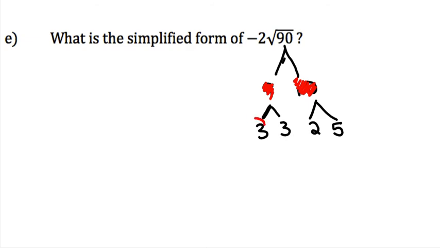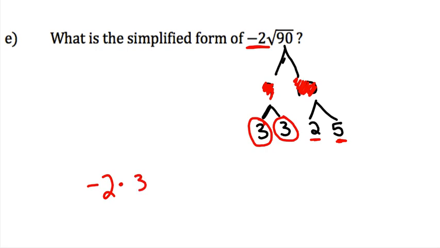So what are my pairs? Well, in this case I have a pair of 3s. So that will come out. The 2 and the 5 will be multiplied back together and left underneath the square root. Now, a lot of times what people forget is that we did have something out front here that needs to stay out front of our square root. So I'm going to bring down the -2. But now, since I had a pair of 3s, that also needs to come out.